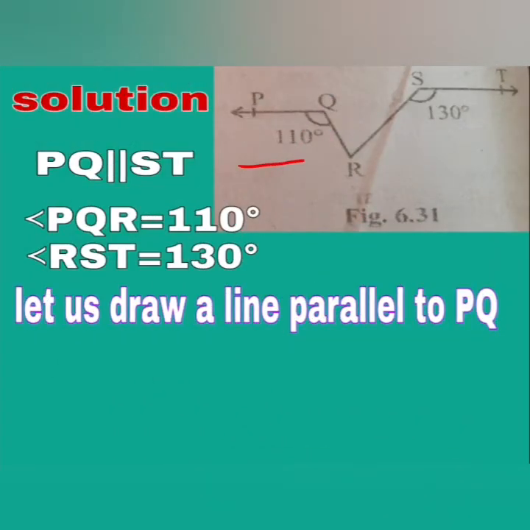According to the hint, we have to draw a line parallel to the ST line. If this is parallel to the ST line, it will be parallel to the PQ line also. Let us consider this as MN.